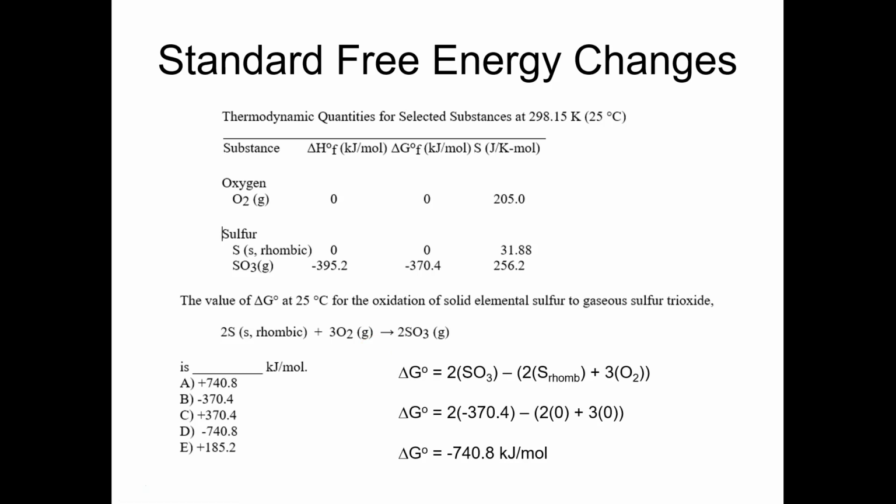Well, to answer that question, we're simply going to say, using the sigma equation that was on the previous slide, that the delta G of the reaction is the sum of the free energies of formation of the products, which in this case would be 2 times the free energy of formation of sulfur trioxide, minus the sum of the free energies of formation of the reactants, which would be 2 times sulfur plus 3 times oxygen.